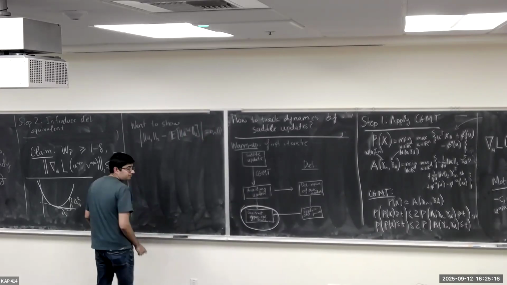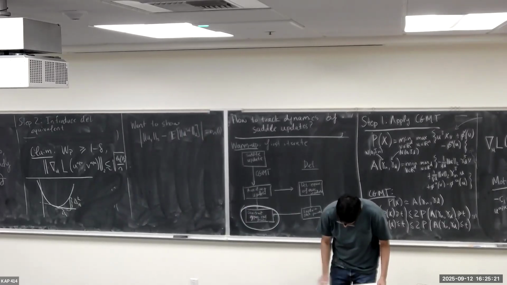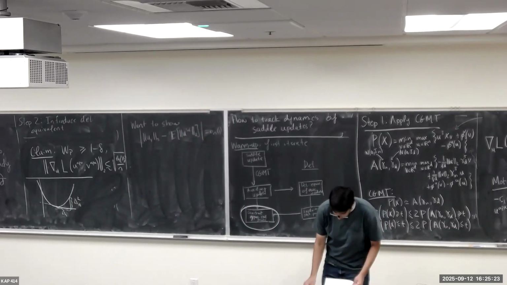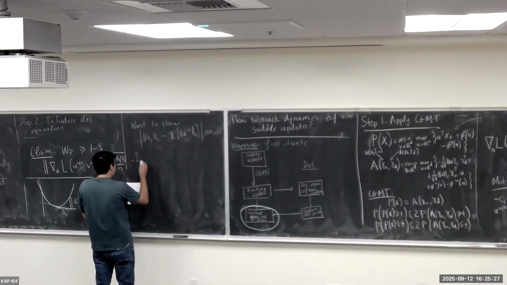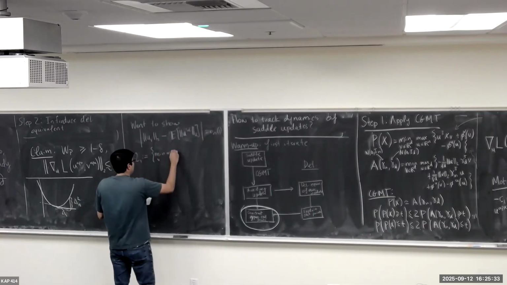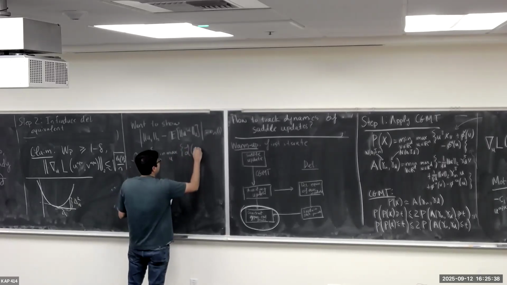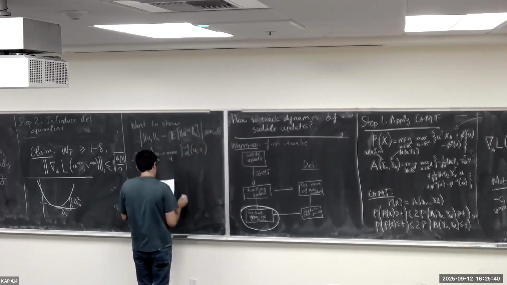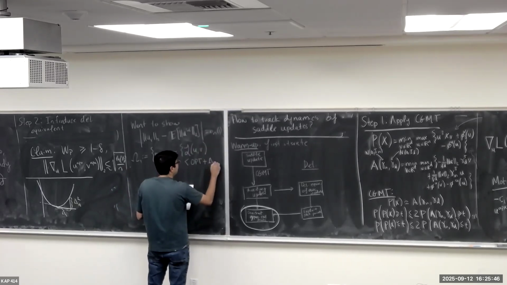How can we do this? We can define two events. So the two events are the following. I have omega 1: the event that the min over V, max over U of this original problem, L of U, V, is less than the value of L star plus delta.